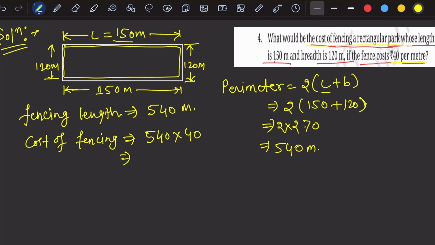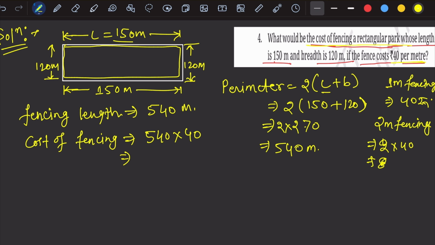If we want the price for 1 meter of fencing, it will be 40 rupees. For 2 meters, it will be 2 into 40, so 80 rupees. Similarly, for 540 meters of fencing we will multiply 540 with 40.